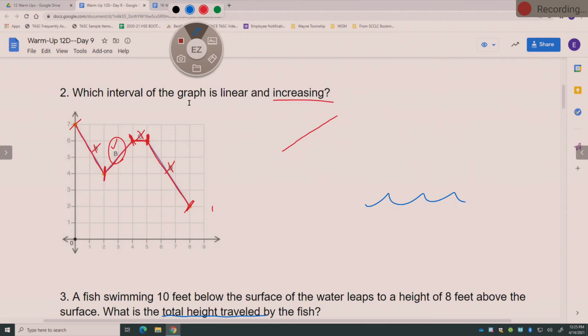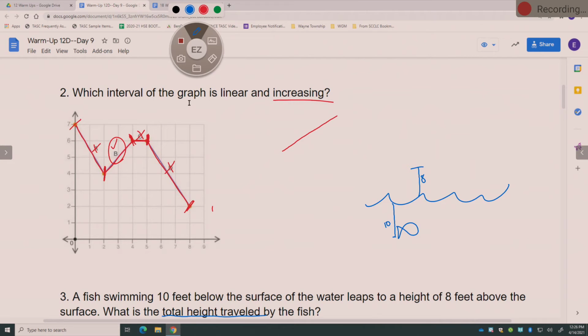So here is my water line, and then I have a cute little fish that is swimming 10 feet below the surface of the water. And he's able to leap to a height of 8 feet above the surface.